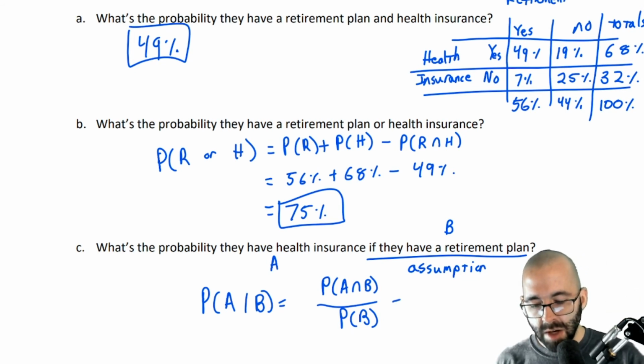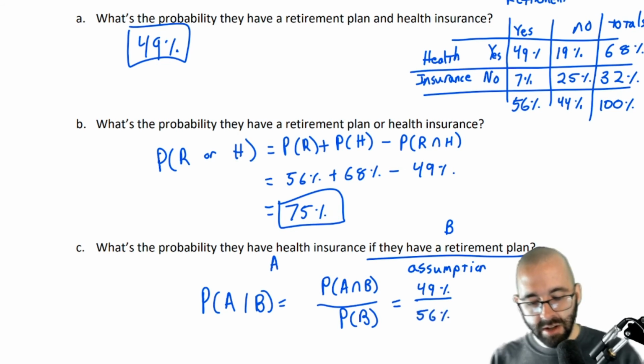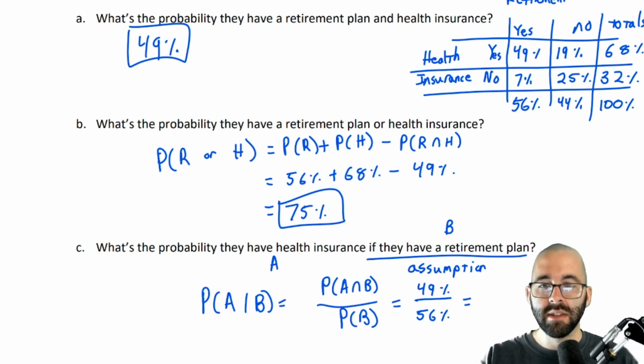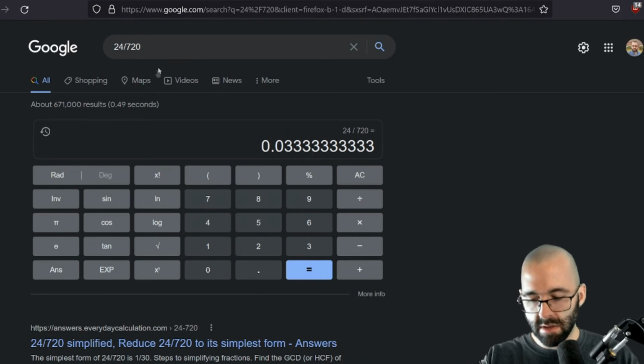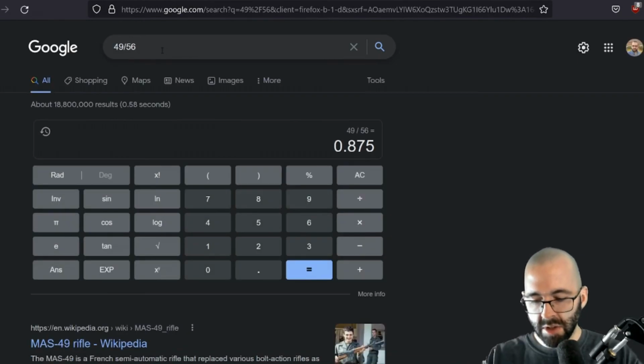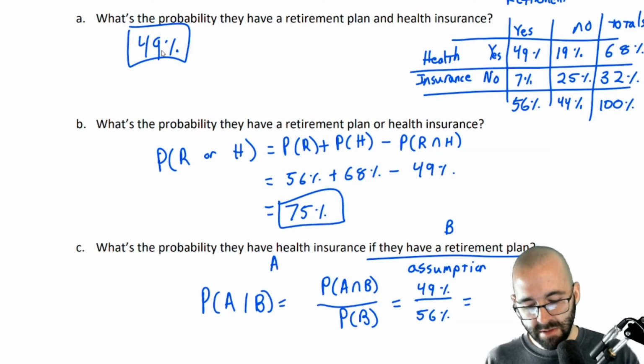Well, the probability of both was 49%, divided by the probability of a retirement plan, which was 56%. Type this into a calculator and you should get your answer. 49 over 56 is going to give you 87.5%.